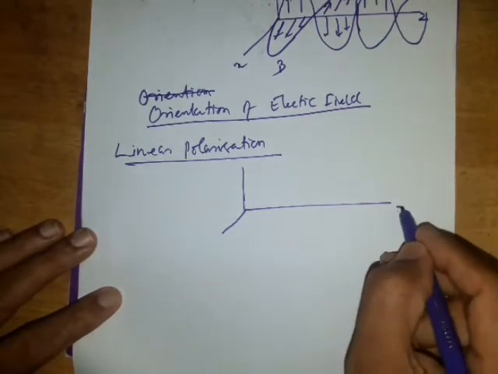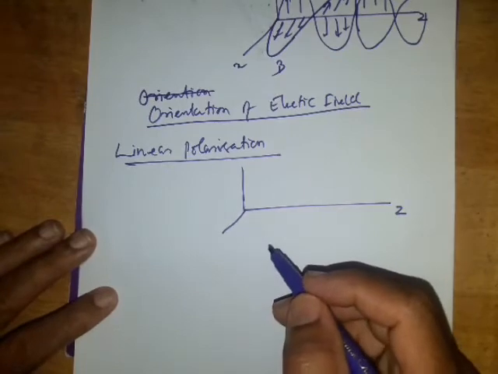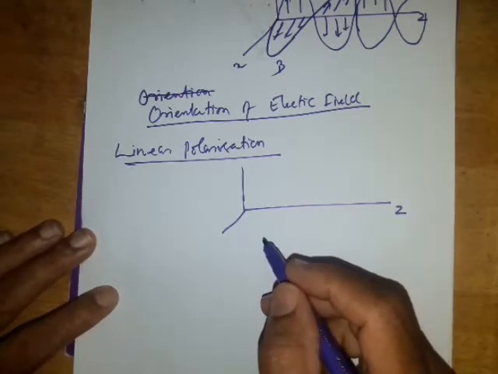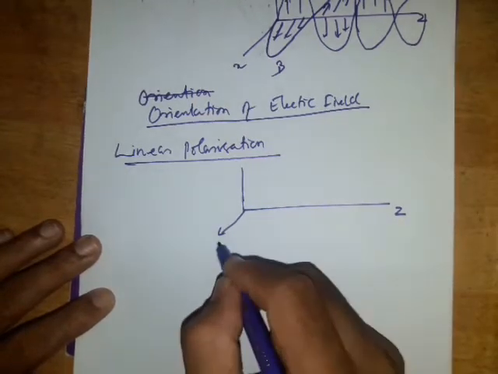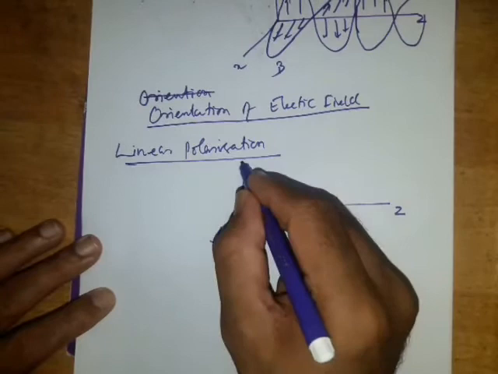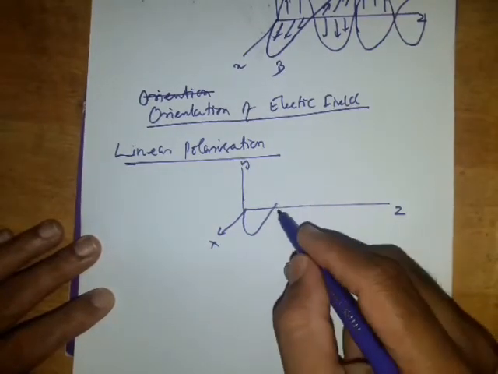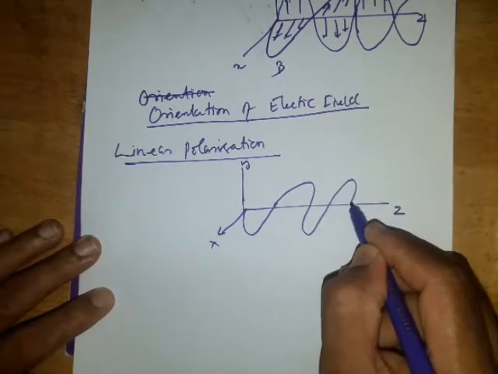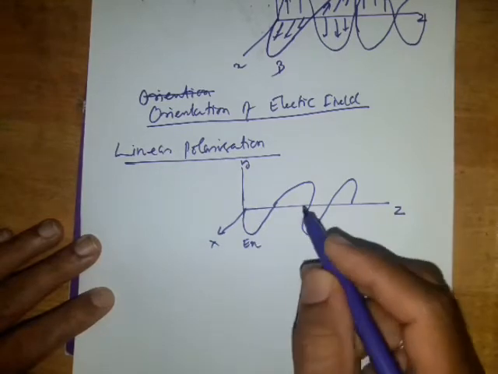It's moving along the z-axis, and let Ex and Ey be the components of the electric field. Let this be the x-axis and this the y-axis, and I have a component of the electric field vector along the x-axis, and I call this Ex.